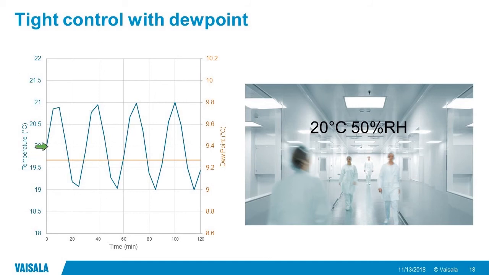And we're not perfect with the temperature. We're still having exactly the same fluctuation here. But now I've converted the relative humidity value to a dew point value that converts to a little bit more than 9.2 degrees centigrade in dew point terms.